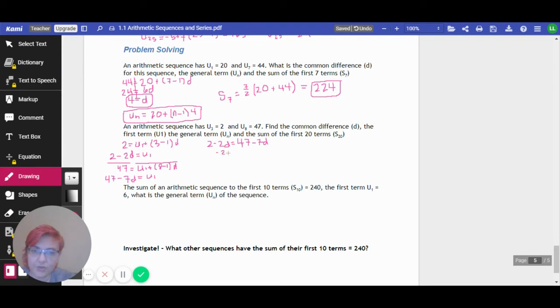That leaves me with negative 2d over here, and then here I have 45 minus 7d. I'm now going to add 7d to both sides, which gives me 5d equals 45. Finally, I'm going to divide both sides by 5. So I have found that the common difference is equal to 9.